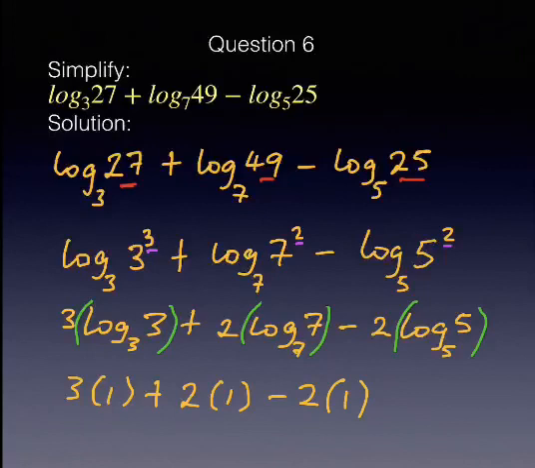So this is actually 3 plus 2, which is 5, minus 2, which is 3. That is the final answer.